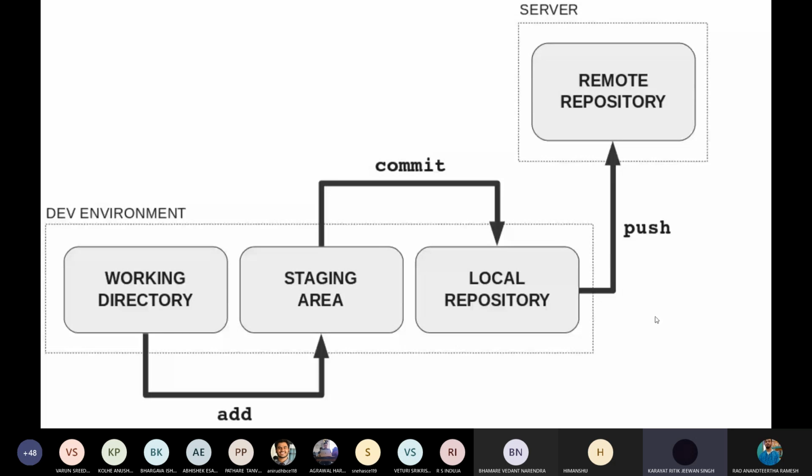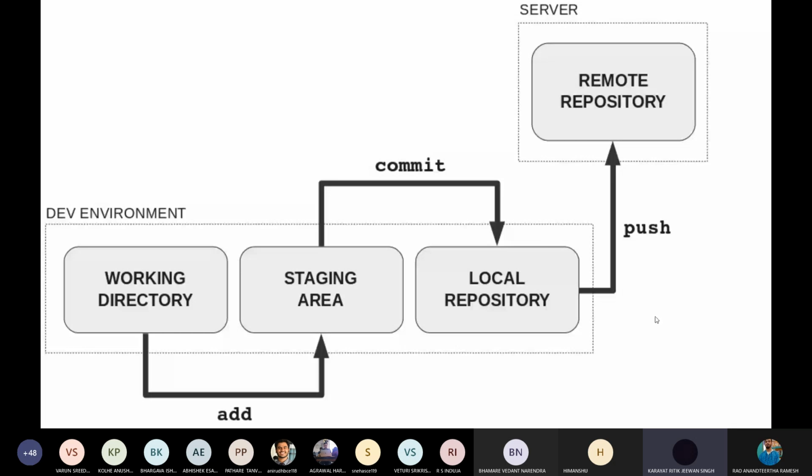First, you have to add those files into the staging area. So the staging area basically tracks those files. Git doesn't know, there must be n number of files in your PC, but you have to let Git know that these are the files that I want to push and please keep track of them. So when you use the git add command, it will be tracking those files and moving them to the staging area.